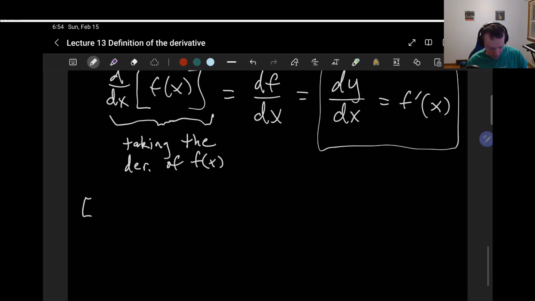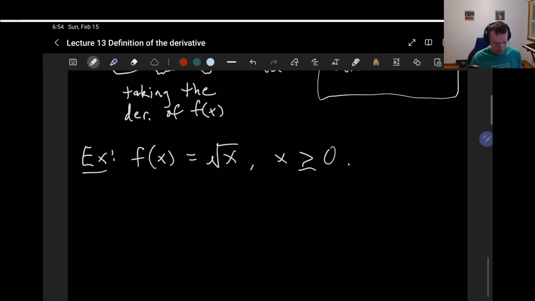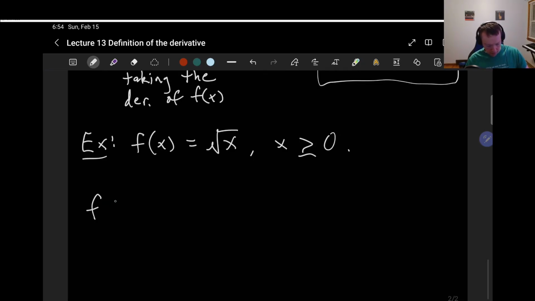So let's actually calculate a derivative. Square root function, and it's only defined for positive real numbers and 0. So f prime of x, the derivative function, is the limit as h approaches 0.